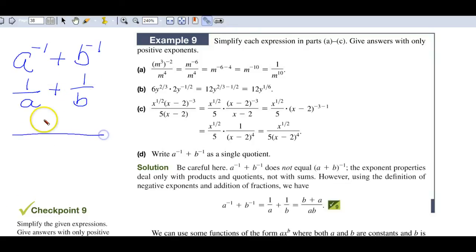So our common denominator here would be ab. So we would need to multiply this one by b over b, and this one by a over a. This is a 1. This is a 1. We now have our common denominator, so it's going to be b plus a. Now, that's what they have.